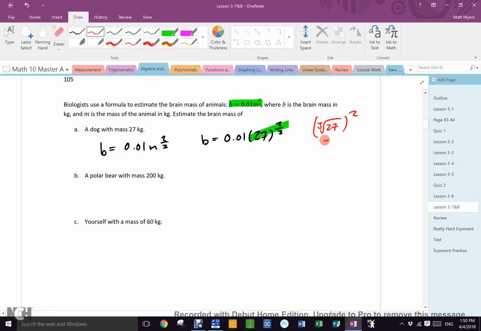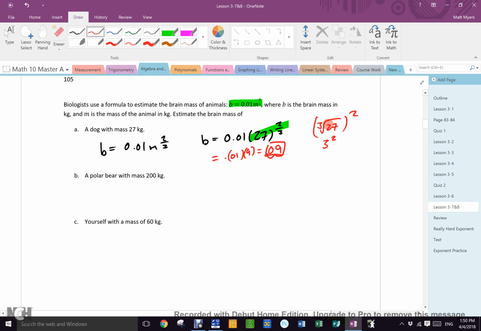Do I know what 3 squared is? What is it? So I have 0.01 times 9. Right? Don't need a calculator for that. What's 9 times 1? And I need how many decimal places? 2. 9 with 2 decimal places. 1, 2. What goes in the hole? 0. Everybody got it? Don't need a calculator for that one because this is doable.